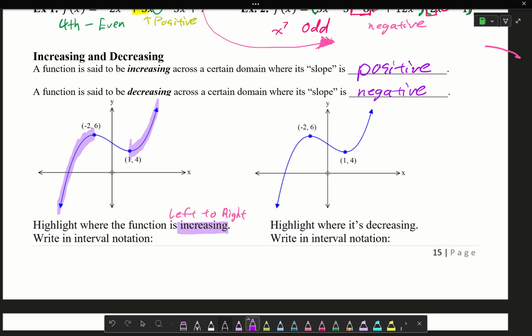Okay, so we're going to write those sections, and there's two of them, in interval notation. So on the left, this graph is heading off to negative infinity. And then heading off to the right, you can tell right here it's stopping. Of course, this would be at negative 2. So we're going to do negative infinity, comma, negative 2.